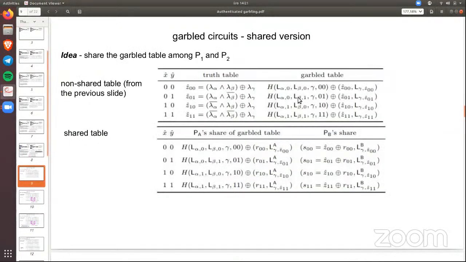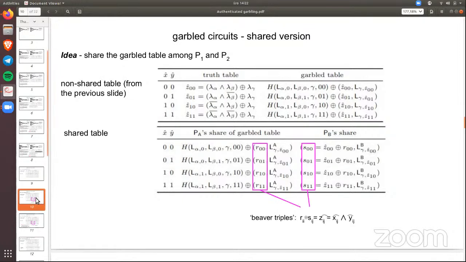So this is the garbage table from the last slide. So the idea now is that we do not want Garbler to know the masks. We actually do not want anyone to know the masks. We want to have masks shared among both of the parties. So this is the shared garbled table.